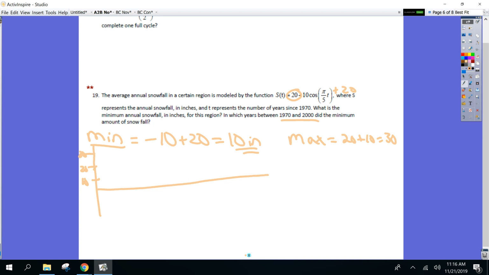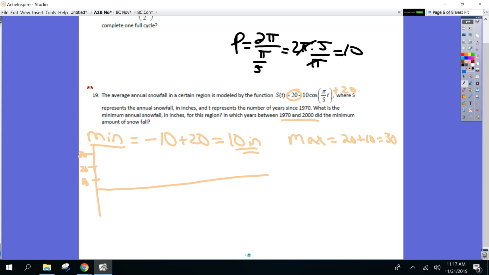Even before I get to the key values, I need to know the period. Go ahead, find the period of this curve. 2 pi over what? 2 pi divided by pi over 5. Skip and flip. What is the period here? Should be 10.